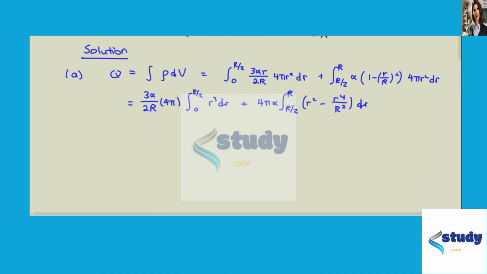Then continue. 3 alpha divided by R times 2 pi, and then you get 1 over 4 times R over 2 to the 4. When you integrate r cubed, you get 1 over 4 r to the 4, and then you put in the limits. The only limit that contributes to the definite integral is the one with R over 2, so you can just substitute like that.